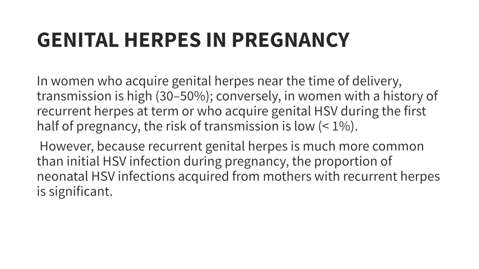In women with a history of recurrent herpes at the time of term birth, or who acquire the virus during the first half of pregnancy, the risk of transmission is low. However, because genital herpes is a very common infection during pregnancy, there is a high proportion of neonatal herpes simplex infections acquired from mothers who have a recurrent herpes simplex infection during pregnancy.